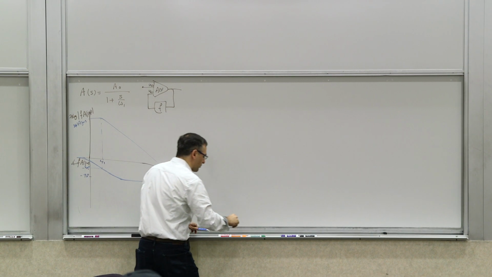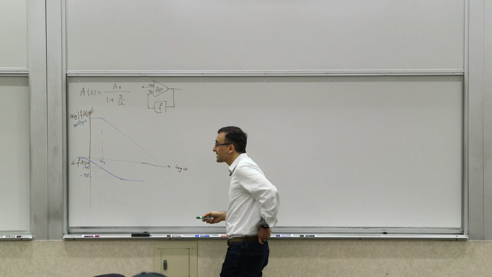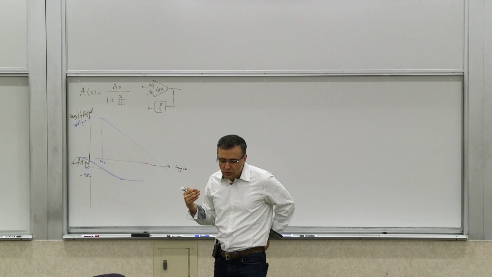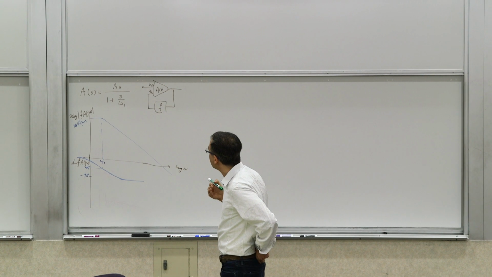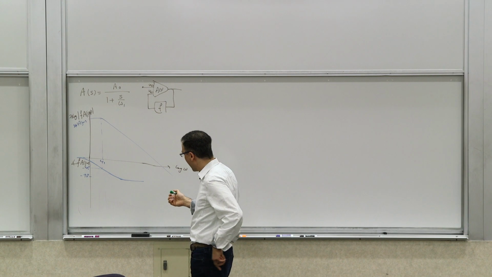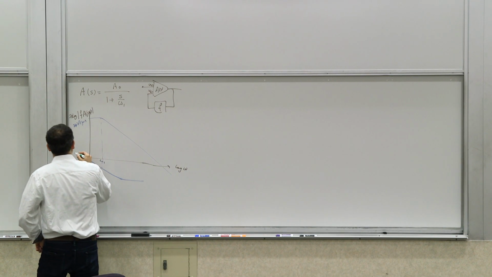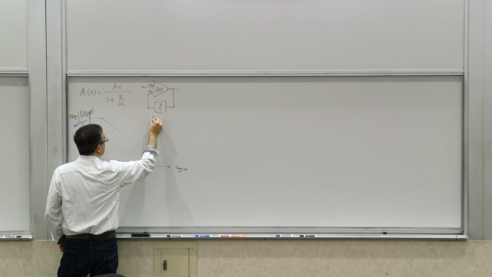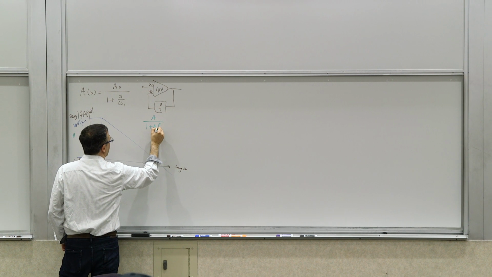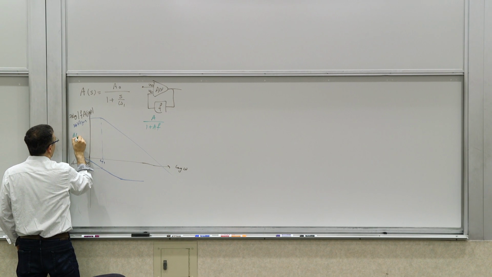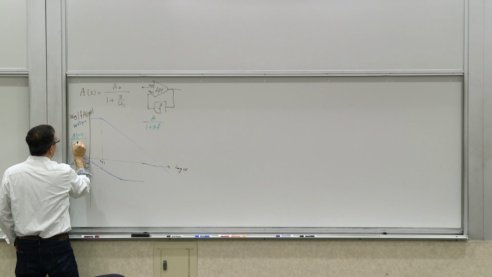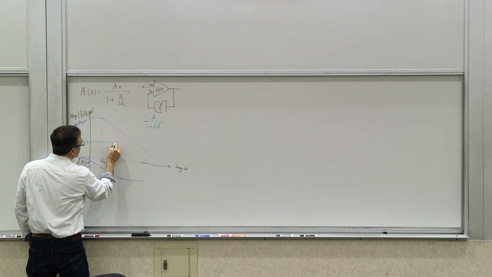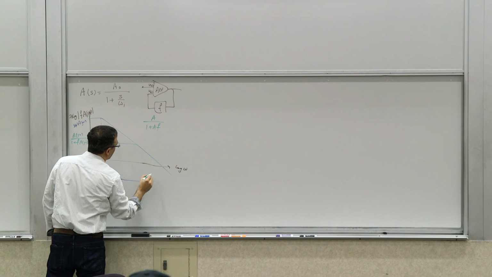Now, also, if you start looking at the actual transfer function of the system, we know that the closed loop transfer function is A over 1 plus AF. So if you look at A of j omega over 1 plus F A of j omega and plot its magnitude, you will notice a transfer function like this.